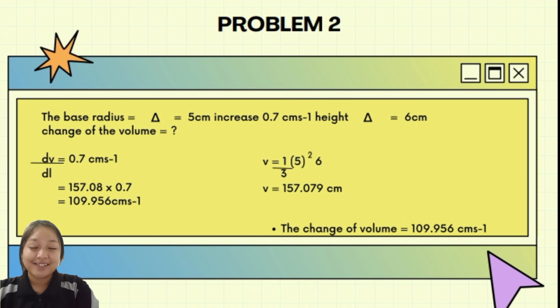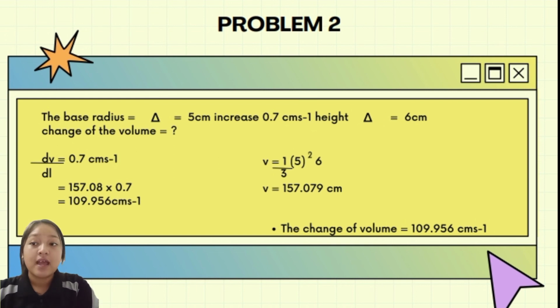Thank you, Nathaniel. So now I want to explain problem 2. Okay, in problem 2, the radius equal 5 centimeters, increase 0.7 centimeters, height equal 6 centimeters. So now I want to explain the change of the volume.